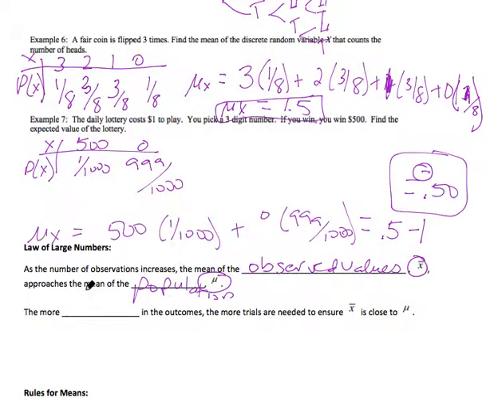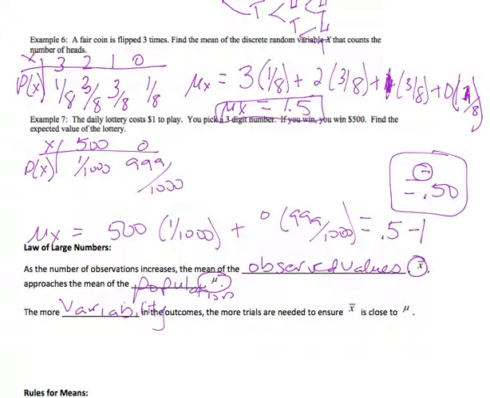That's the sample. Okay, so the more variability in the outcomes, the more trials are needed to ensure that x bar is close to mu. So if there is a very wide variety, I need lots and lots of trials so that x bar becomes closer to mu, so that those observed values get closer and closer to what the population is actually going to be.